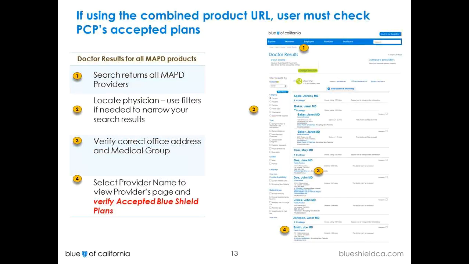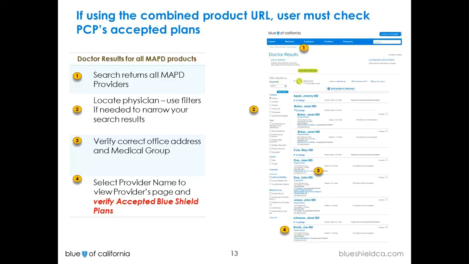Okay, this is what I wanted to show you. We had a link that I provided to you earlier. It's a combined product link. So you need to check the PCP accepted plans, because when you search through this link, you will find all MAPD providers.